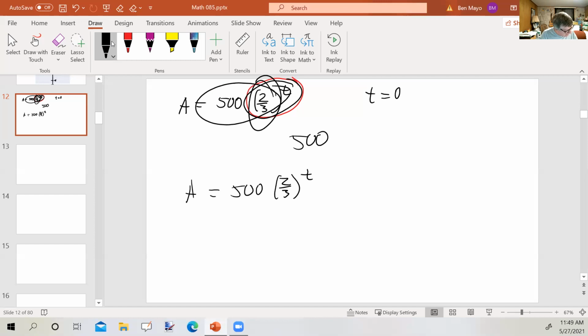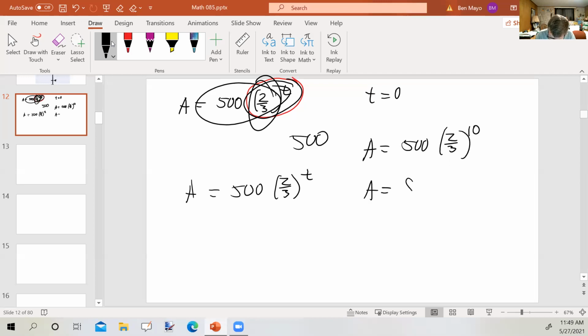Find the amount present in 10 years. So A equals 500 times 2/3 to the 10th power. Round to the nearest 1/10 of a gram. So is it going to increase or decrease? It should decrease, right? So we've got 500 times, parentheses, 2/3 raised to the 10th power.